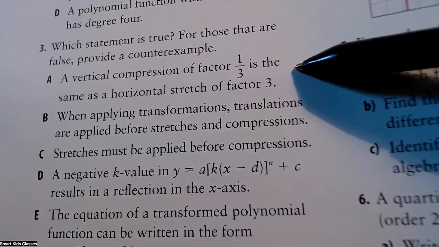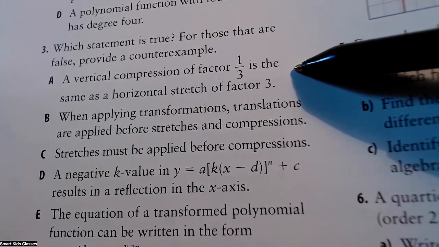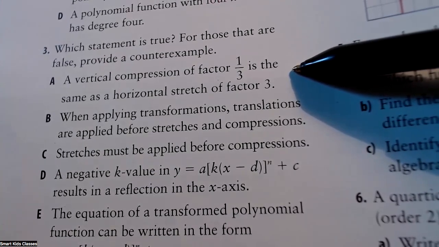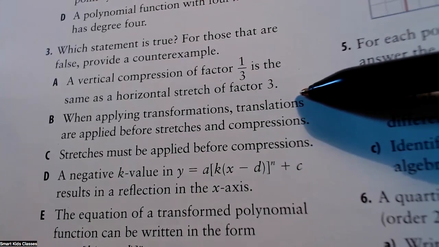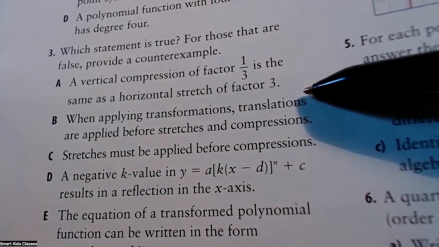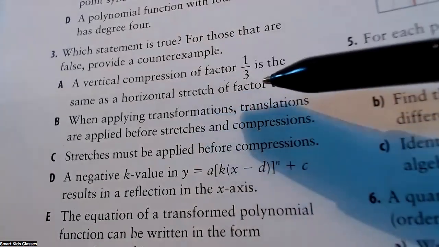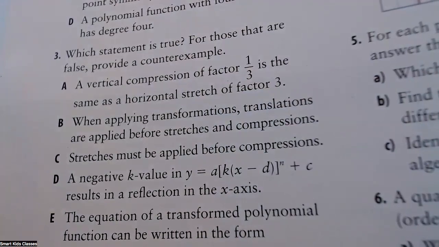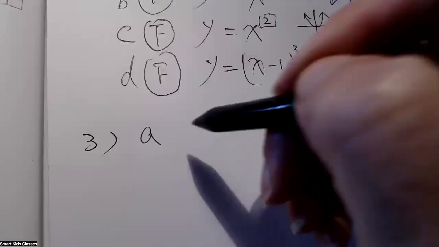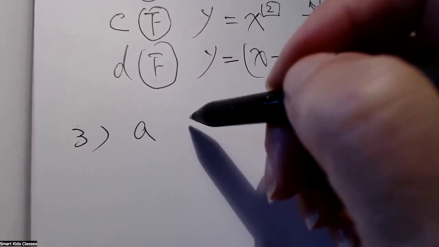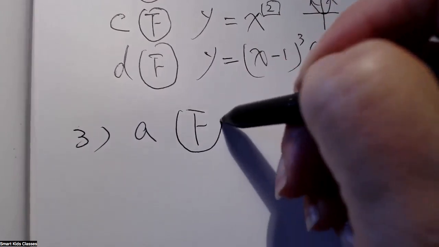So a vertical compression by a factor of 1/3 is the same as the horizontal stretch by a factor of 3. So is it the same? No, it's not the same. Vertical and horizontal, they are not the same. So therefore, we're going to put in question 3, A, false.